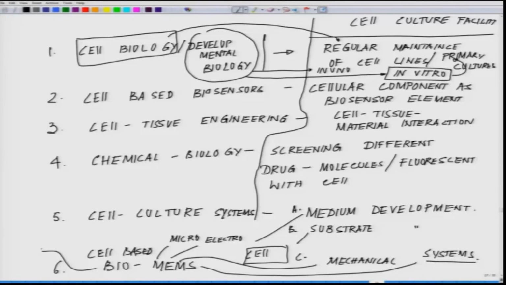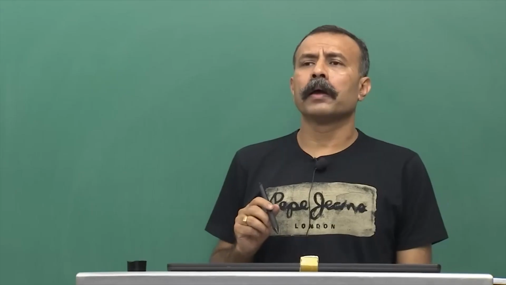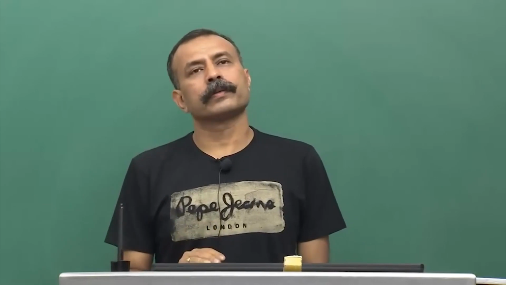We will come later to what those different aspects are, something like modified Campenot chambers and several other things. People work on biorobotics and all those areas. So, first and foremost, what has to be understood is what the objective is, because there are constraints. What are the constraints one comes across?